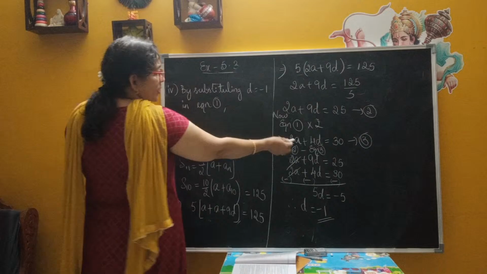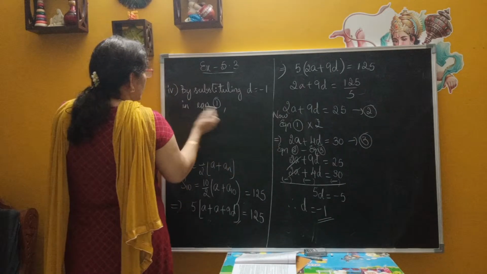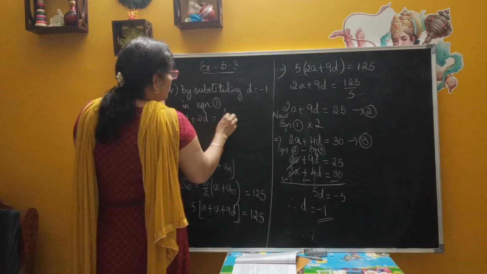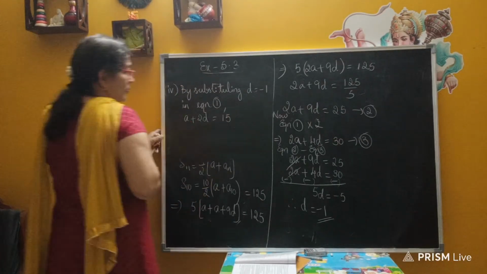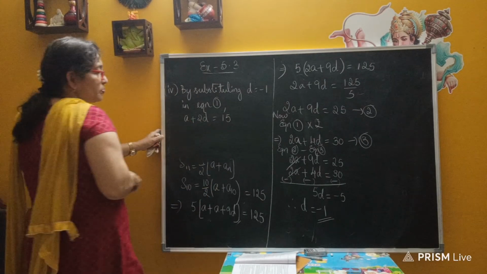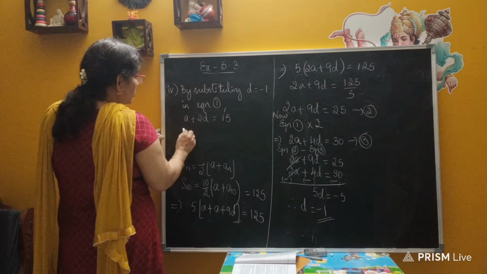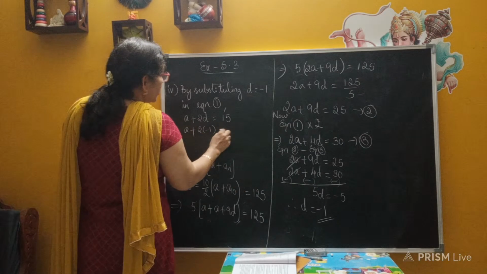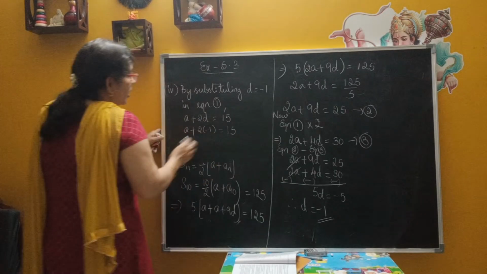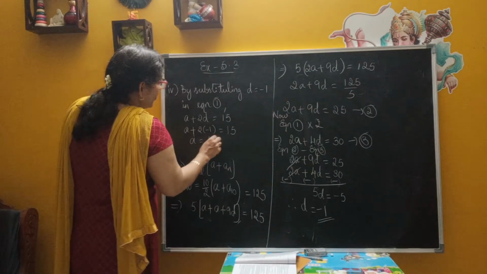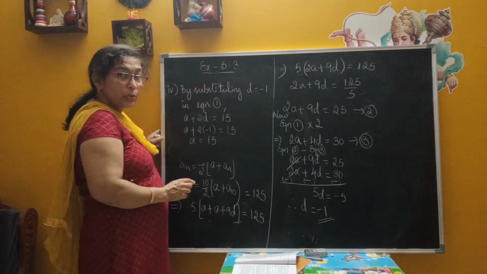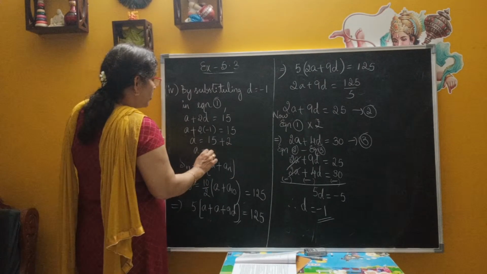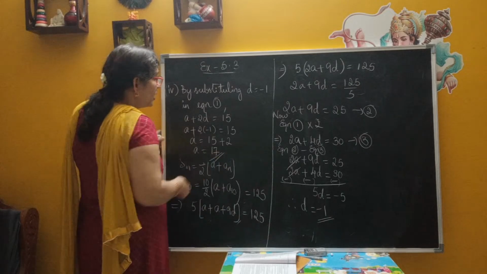So equation 1 is A plus 2D is equal to 15. Okay, substitute. So A plus 2D, how much? 2 into minus 1 is equal to 15. So A is equal to 15. 2 into minus 1 is minus 2. When I transpose it, it becomes plus 2. So A is equal to 15 plus 2, 17.